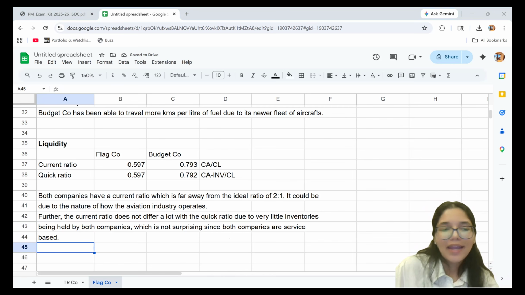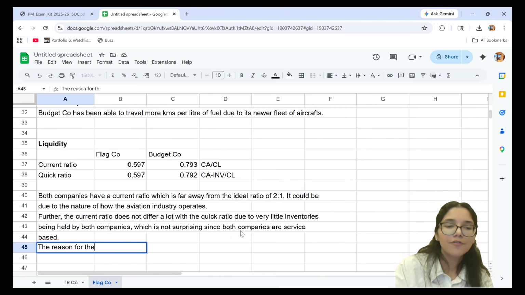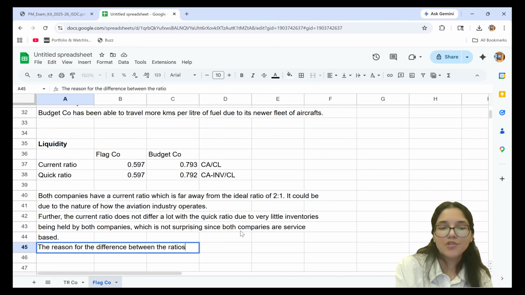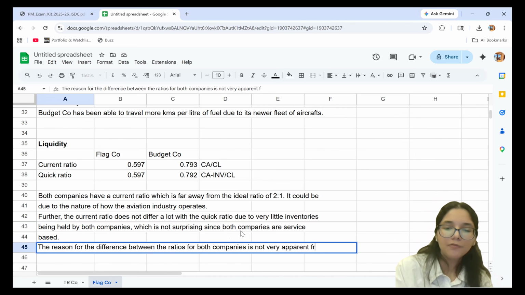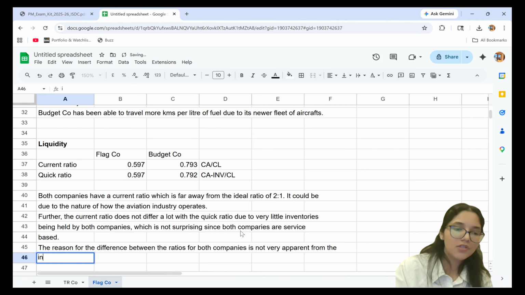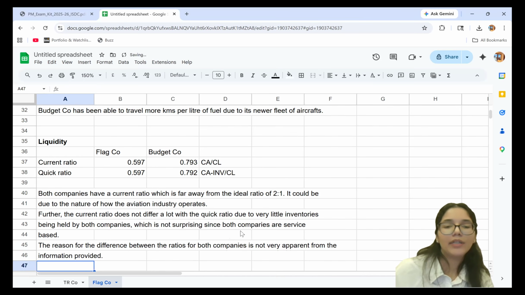And further, we can also end this by saying the reason for the difference between the ratios for both companies is not very apparent from the information provided. So this is my answer that I have drafted for the liquidity aspect. Easy? You're all with me till here?